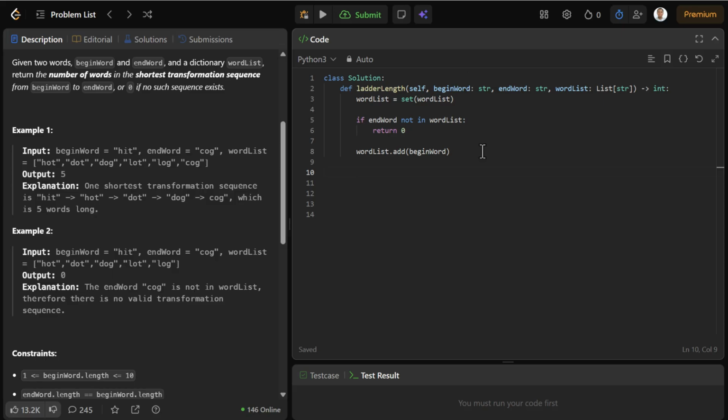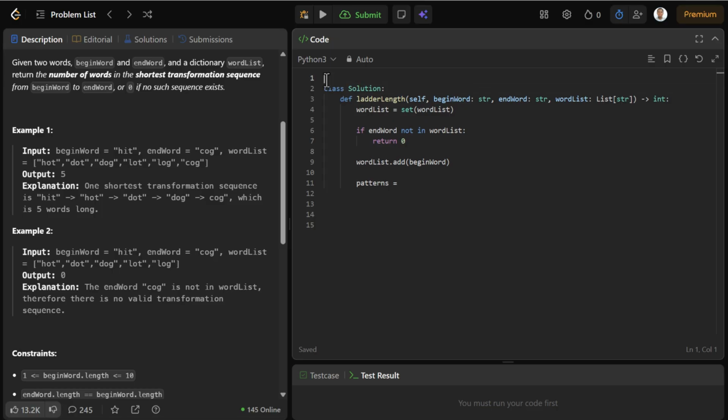buckets for patterns. So I'm going to call that patterns. What is the structure of the pattern? Well, it's going to be a dictionary. So to use that, I'm going to call defaultdict. From collections, I can import defaultdict, and then how do I want my pattern to look like?